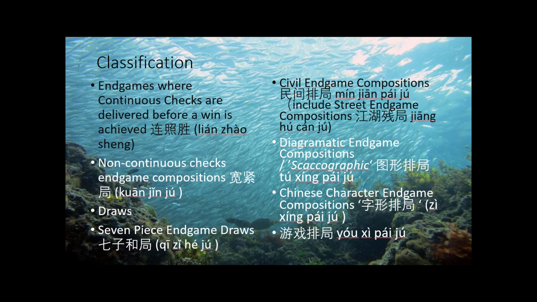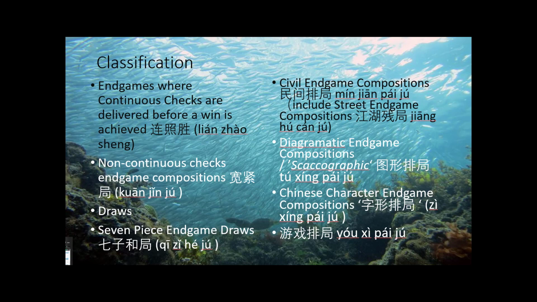Then there are the artistic forms of the endgame compositions. I believe the term is geographic in international chess, and I've chosen to call them diagrammatic endgame compositions. There are many types of diagrammatic endgame compositions, whereby diagrams of animals, of the moon, the sun, the comet, etc., have all been created in the past, and all these endgame compositions are fully functional puzzles.